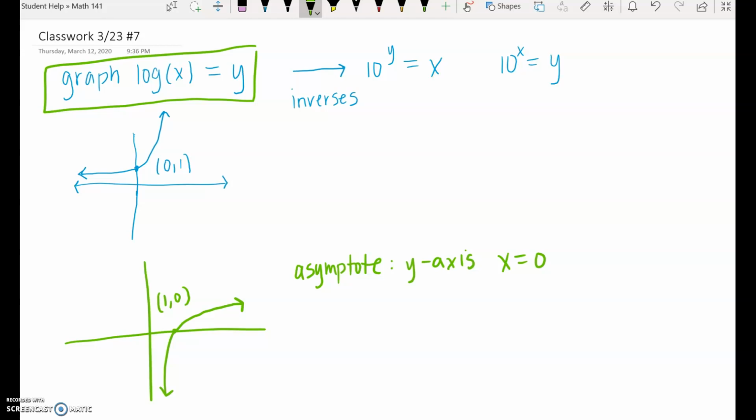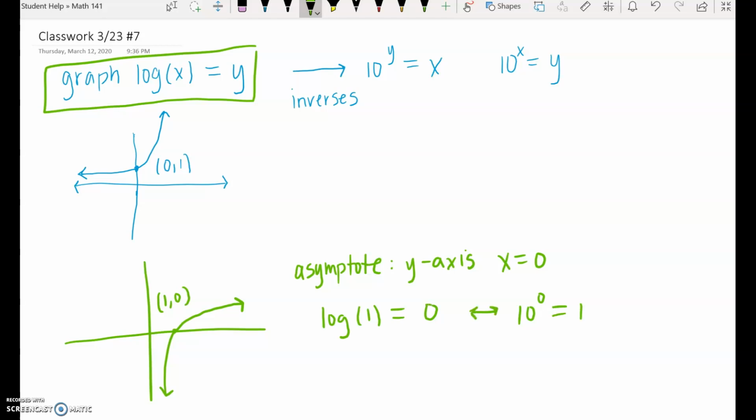If we were to plug into our calculator the log of 1, we should get the output value of 0. So take a second and just check that on your calculator. What that's saying is that 10 to the 0 power equals 1. These are equivalent statements.